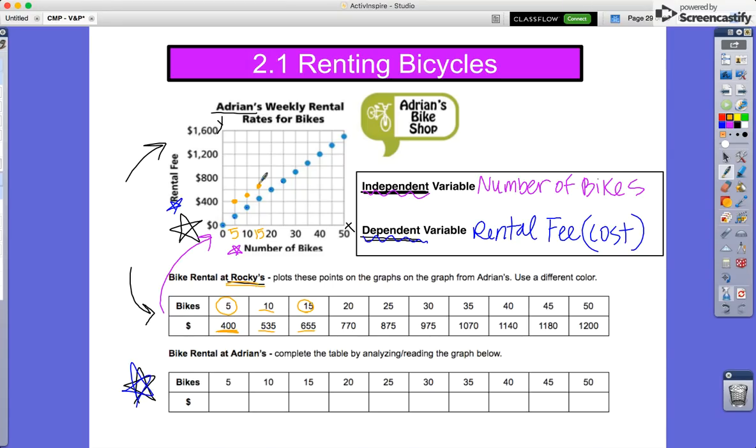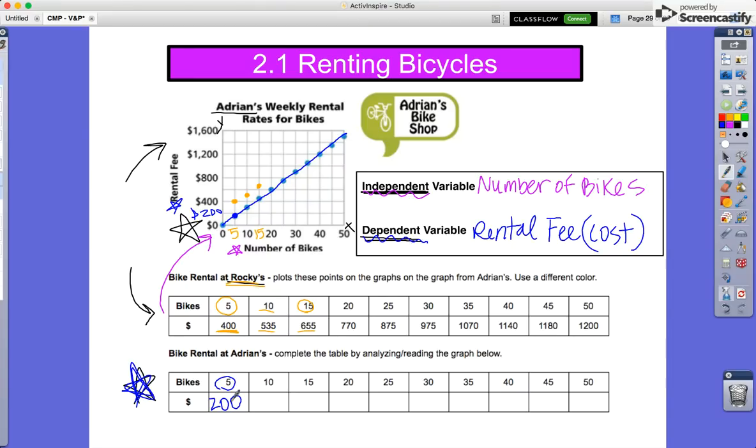Now, if I were to be completing Adrian's table down here, I have to use the graph and I have to use these points on Adrian's graph to help me. So I need to find where 5 bikes is on the graph. So here's where he is at for 5 bikes. We're in between 0 and 400, right on that line. So I know that means we're at $200. So with 5 bikes at Adrian's bike rental, it's going to be $200.